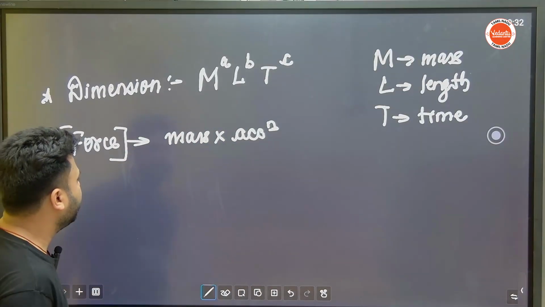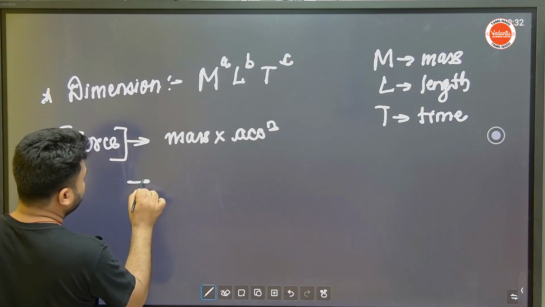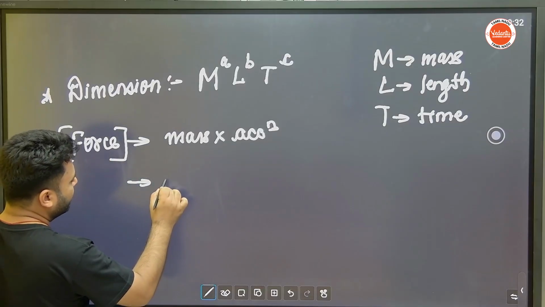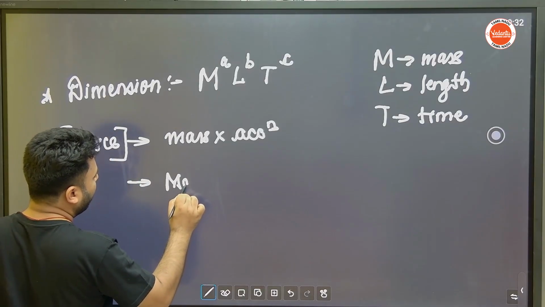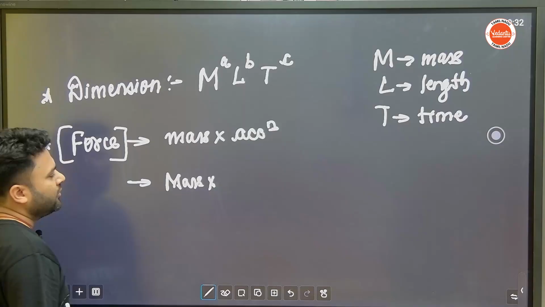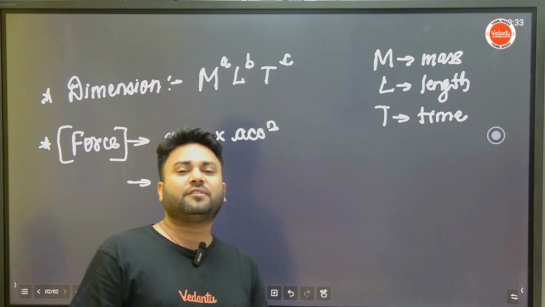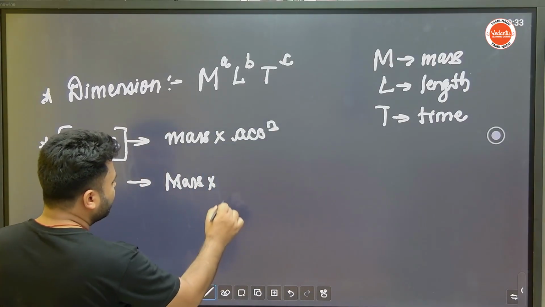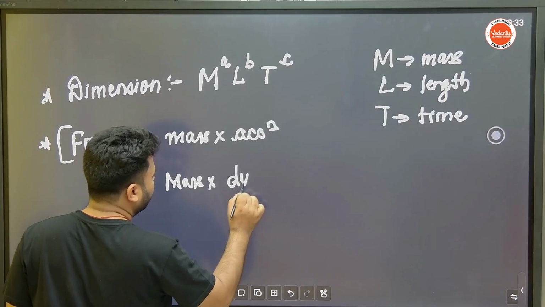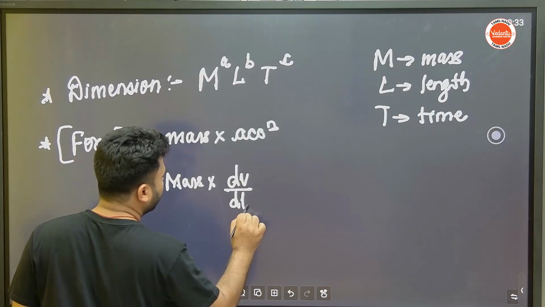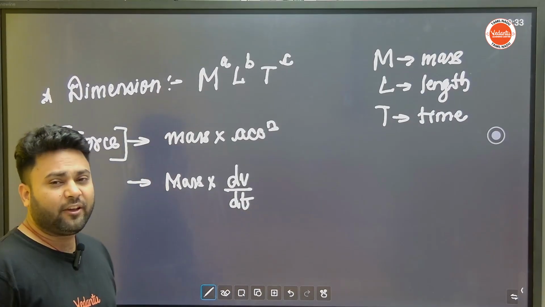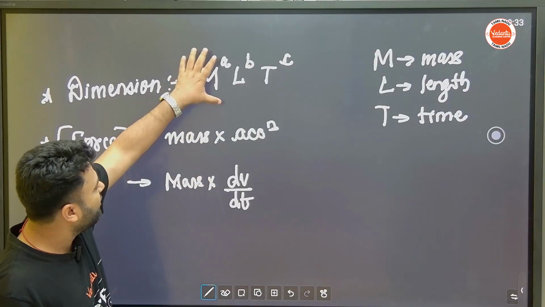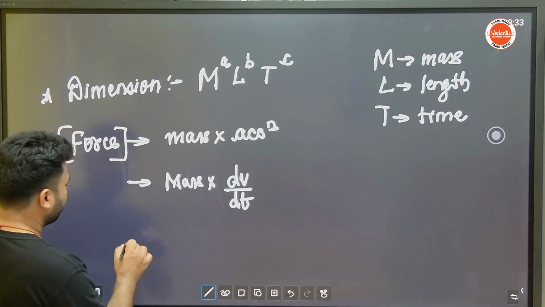Now, how to do it? Force, I have written as mass into acceleration. Now, what is acceleration? Rate of change of velocity, meaning how much velocity is changing in how much time. If I want to write this in the form of MLT, see how we are going to write.